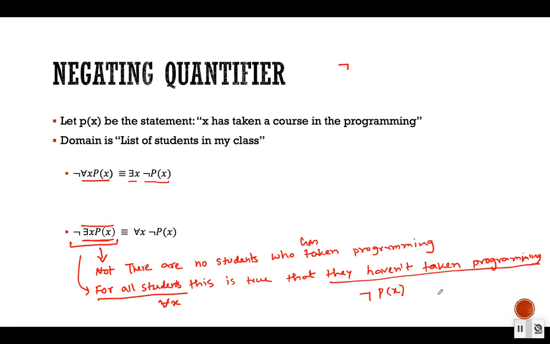P(x) stands for x has taken programming, and not P(x) stands for x hasn't taken programming. So this is the same as writing for all x, not P(x). For all x, this is true that they haven't taken the programming course. It means there are no students who have taken a programming course.